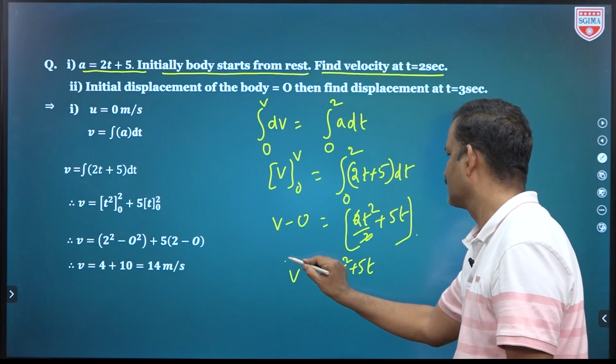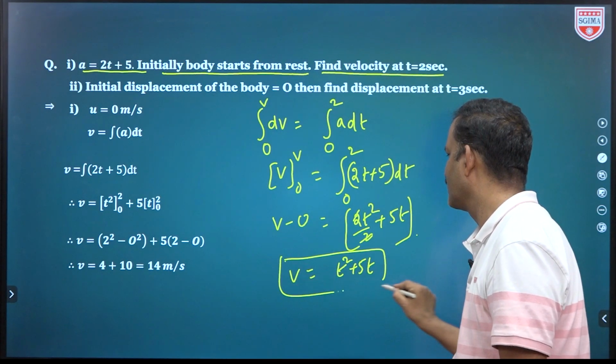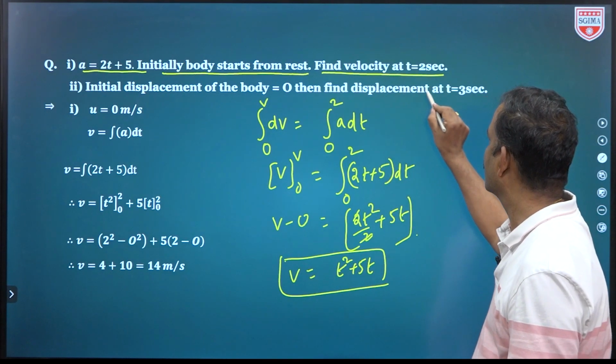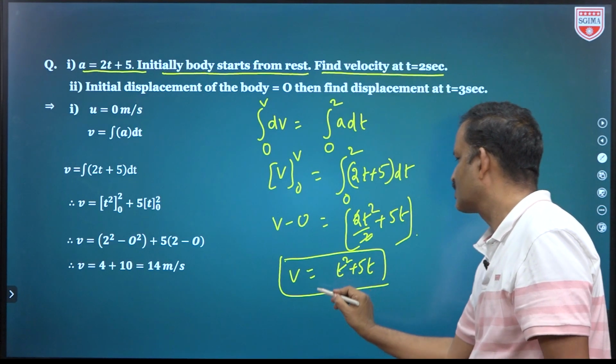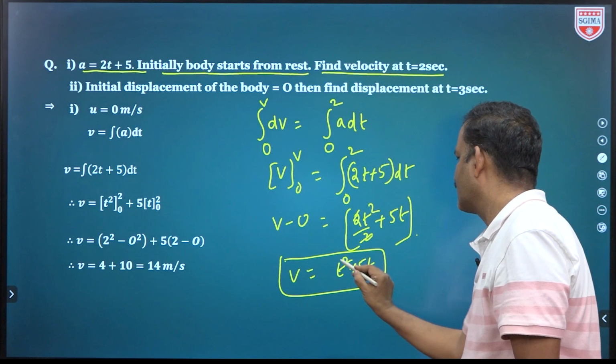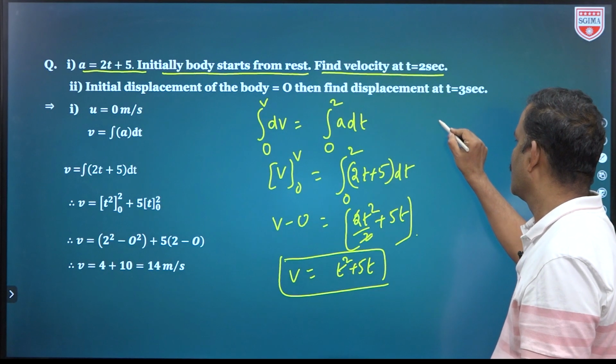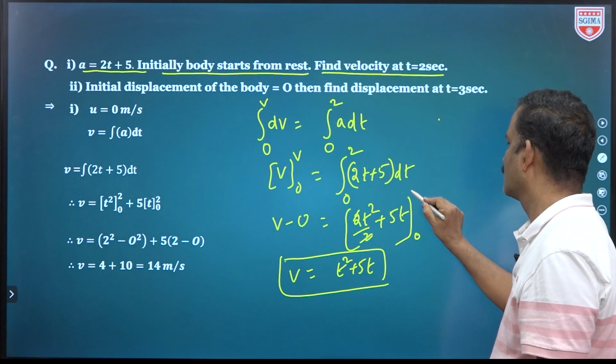This is velocity, but we have to apply the limits, because we have to find the velocity at t equal to 2 seconds. So, v minus 0, applying the limits 0 to 2.